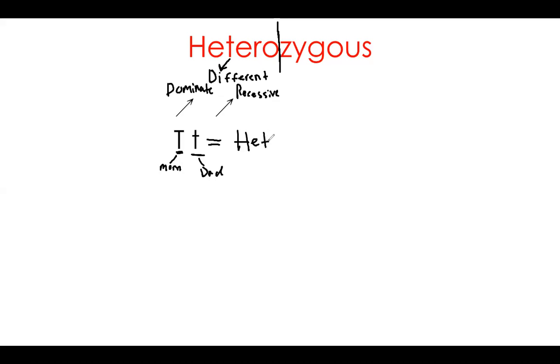And that's it. There's no dominant, there's no recessive after that, right? Because if you say, hey, I'm heterozygous for brown eyes, I know that I have one dominant and one recessive for brown eyes. Because the word heterozygous means two different alleles, a dominant and one recessive.